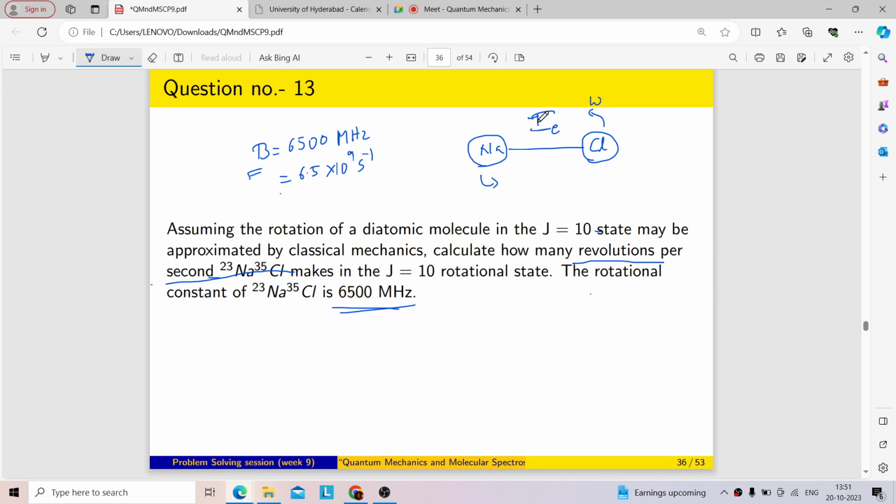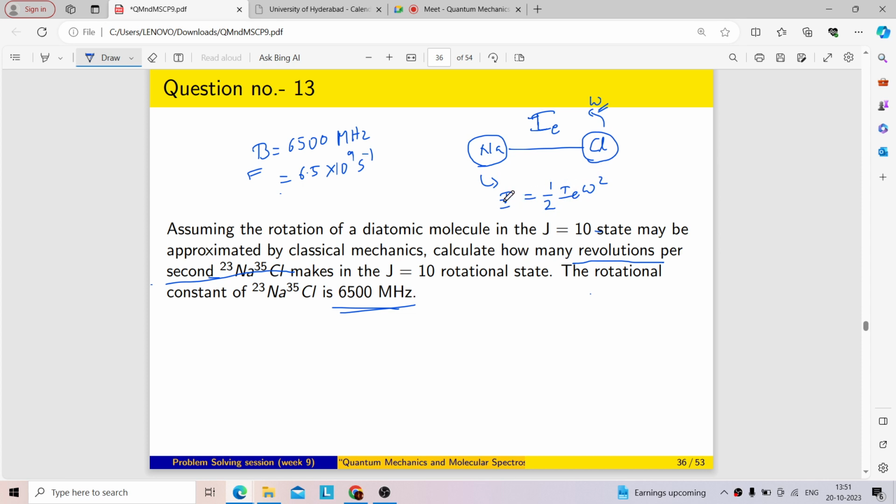So in terms of this moment of inertia and angular frequency, we can write the energy of this system as half I omega square.